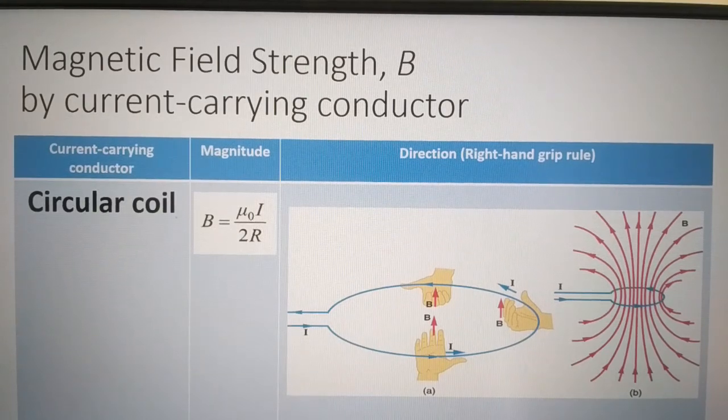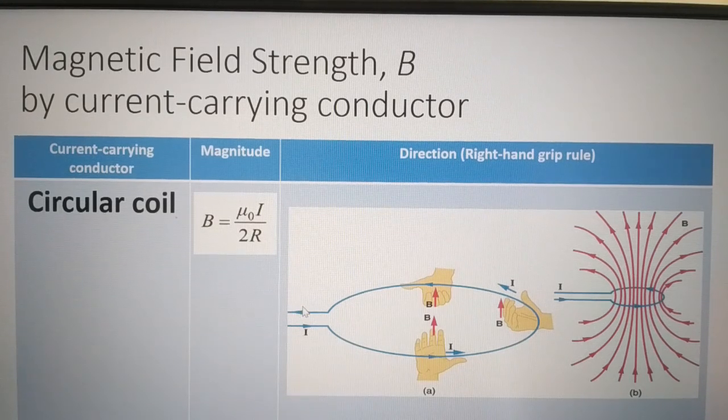Okay, so what about the direction? Again, you use your right hand grip rule to determine the direction of your magnetic field strength. Let's say I have a circular coil like this, where the current flows here and goes out in this way.